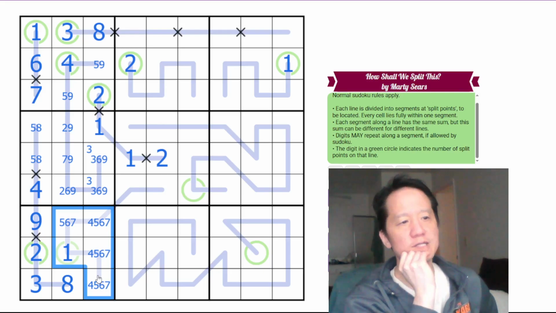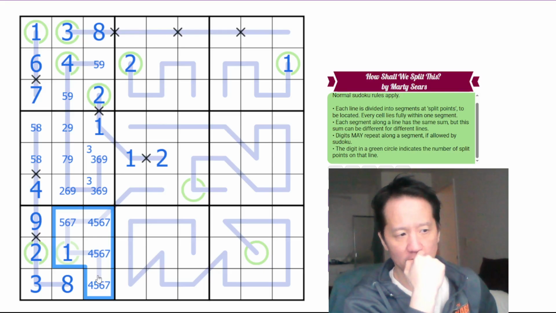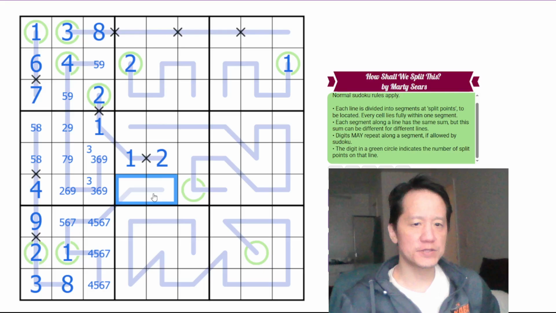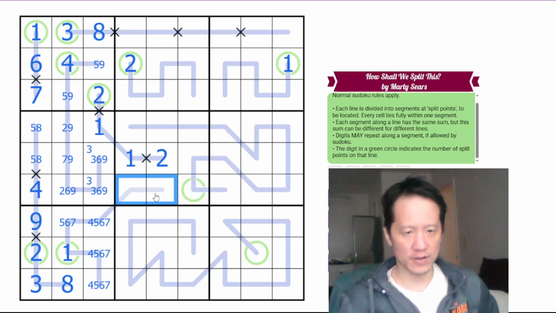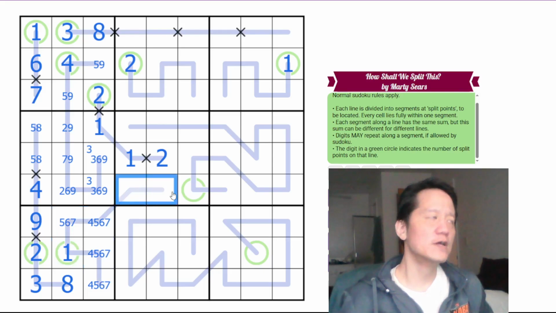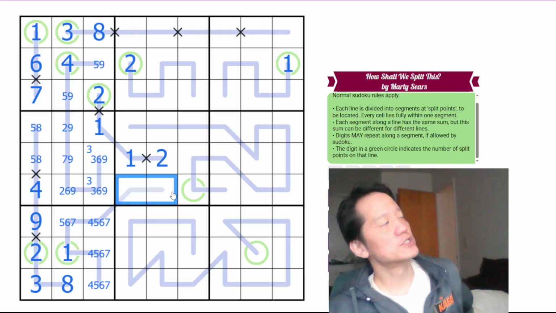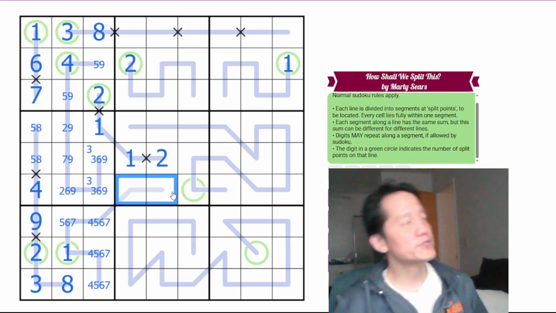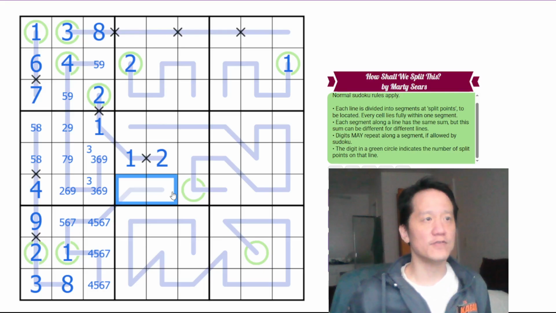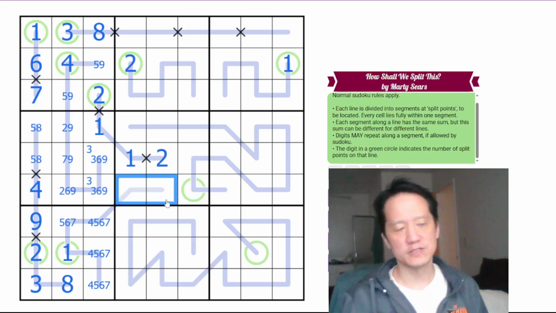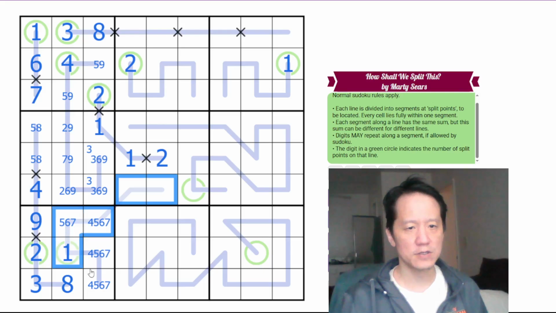We have one segment. This is at least 3 and 6, because 23 has to add up with another odd digit, or an odd sum, to add up to an even value, which you need to have because this line is divided into two segments.